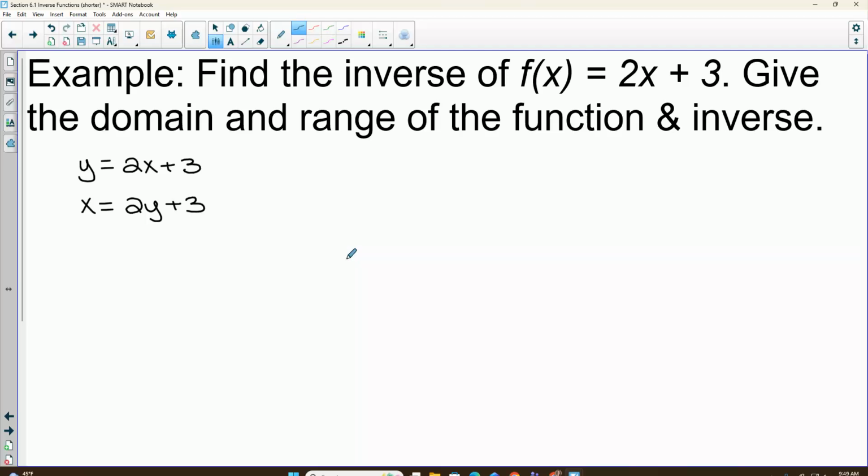So if I want to get y by itself, I can subtract my 3 and divide by 2. Final step is to put it back in function notation, so instead of y, we put f inverse of x.